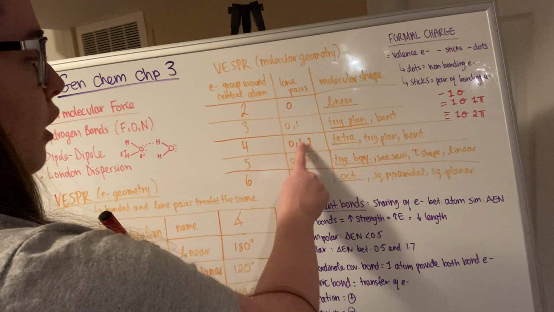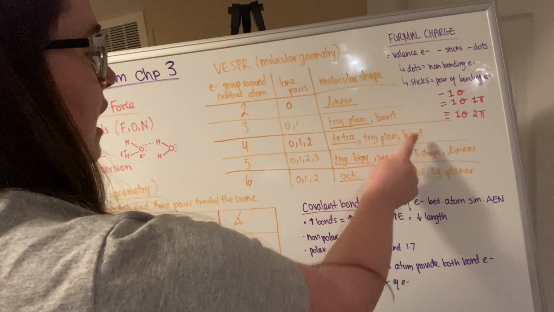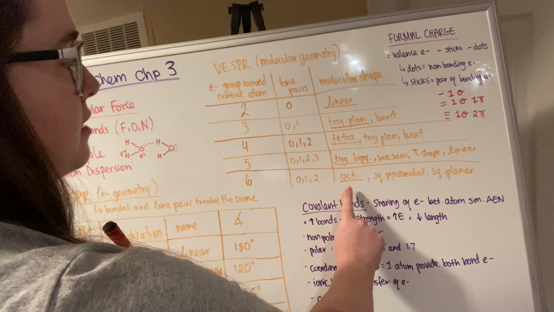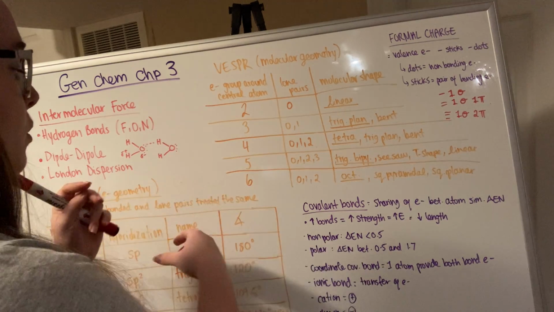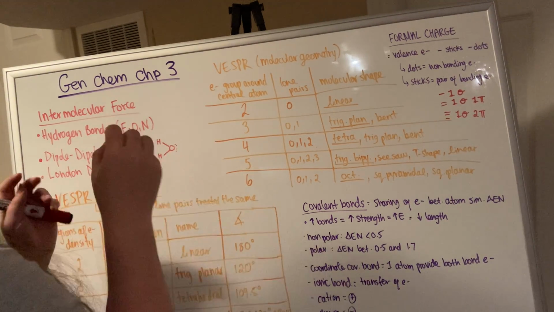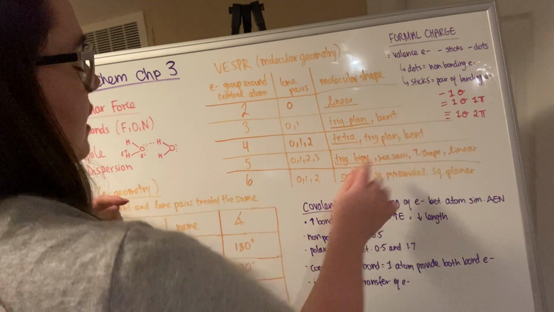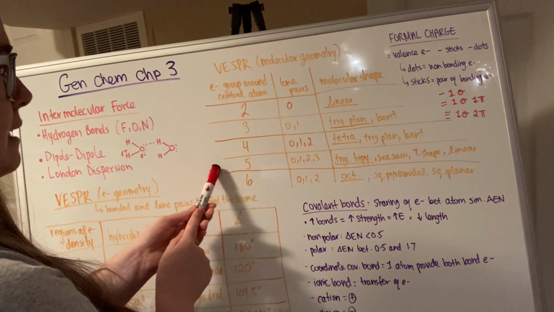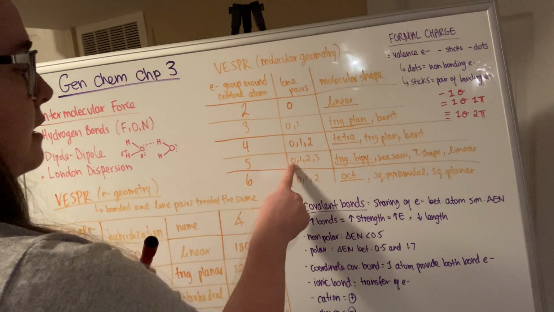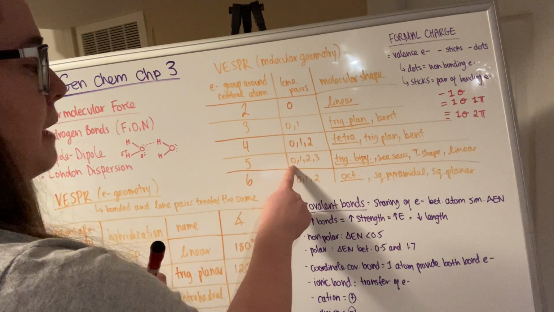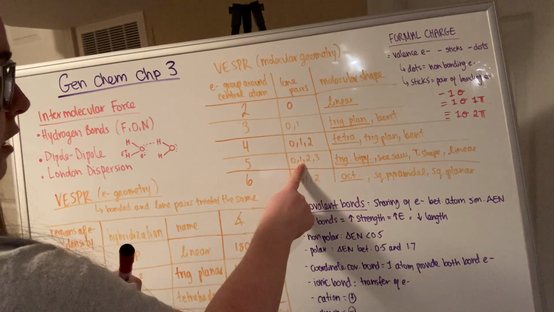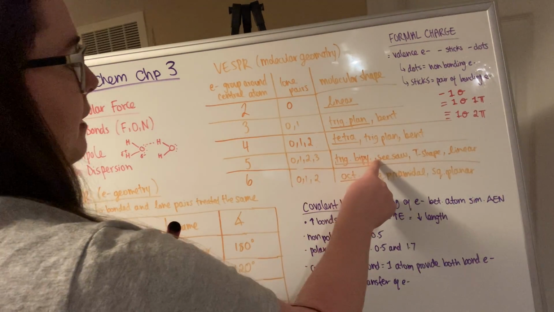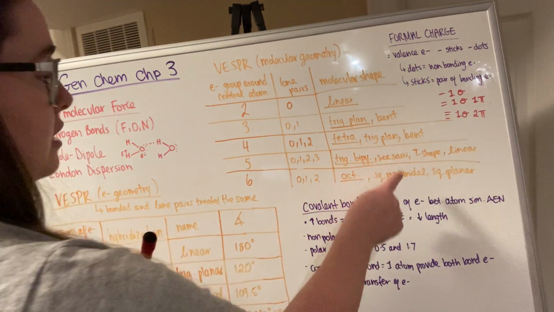Otherwise, if there are lone pairs, you need to change the name, because some of those regions are being taken up by lone pairs. So let's go to the example with 5 regions. If there are 0 lone pairs, it would be trigonal bipyramidal. If we had 1 lone pair, we would have a seesaw shape.